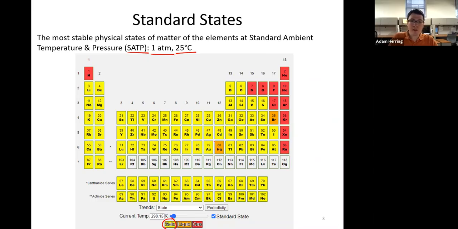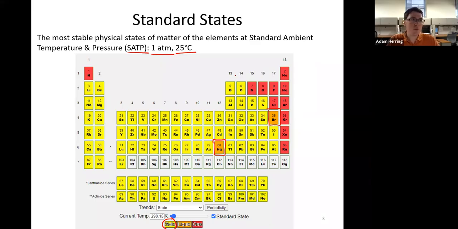We have 2 elements that are liquid at room temperature and 1 atmosphere pressure. That would be bromine and mercury. And there are a handful of gases: hydrogen, nitrogen, oxygen, fluorine, chlorine, and then the noble gases. So you need to be familiar with the standard states of the elements.